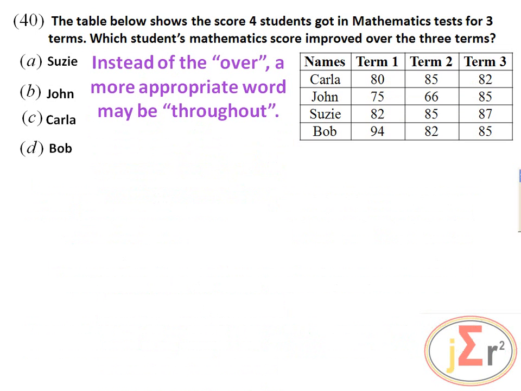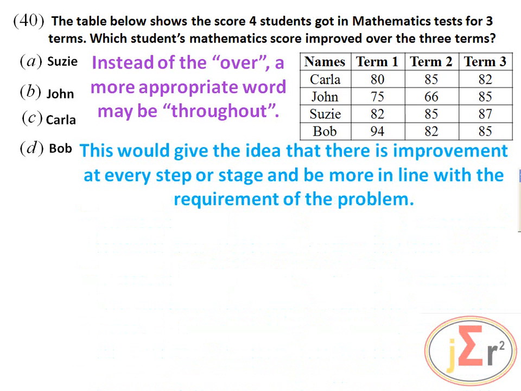Instead of the word over, a more appropriate word may be throughout. This would give the idea that there is improvement at every step or stage and be more in line with the requirement of the problem.